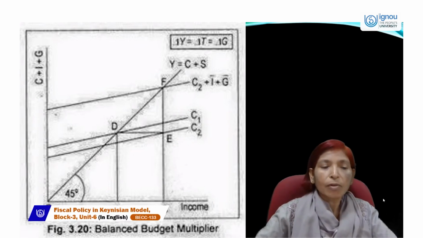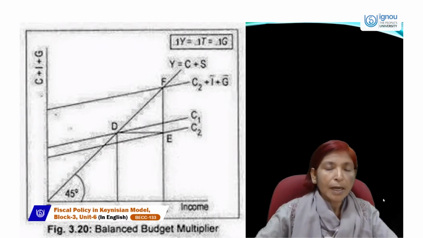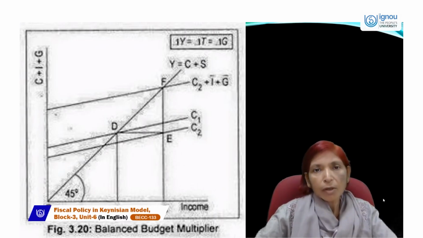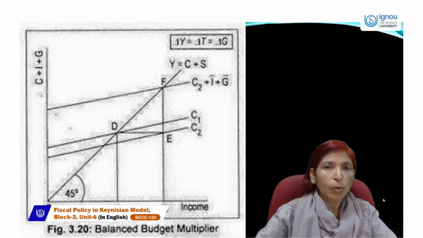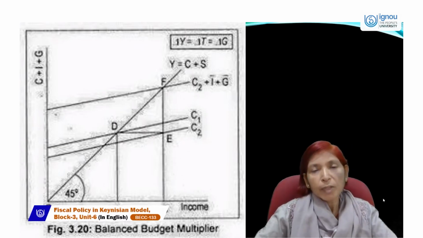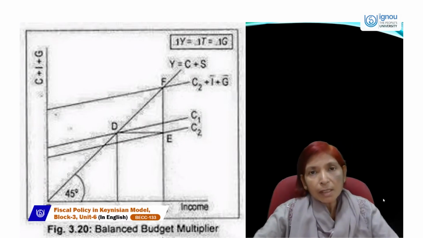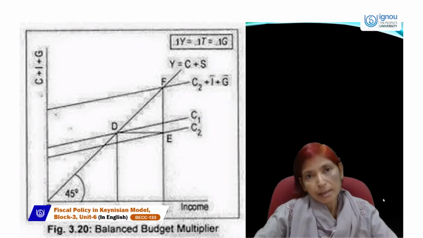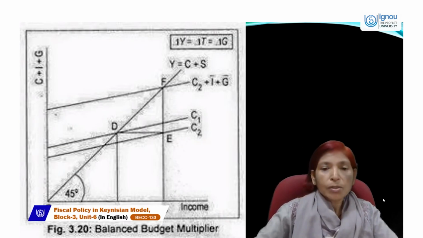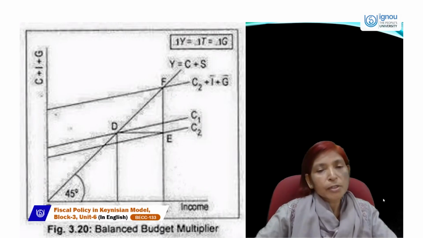Consumption always starts from the y-axis, because autonomous consumption always exists at the minimum level of income, or zero level of income. We will spend money on consumption, or we can take borrowings from others, because for survival, consumption is very necessary. So C1 and C2 is the consumption curve.